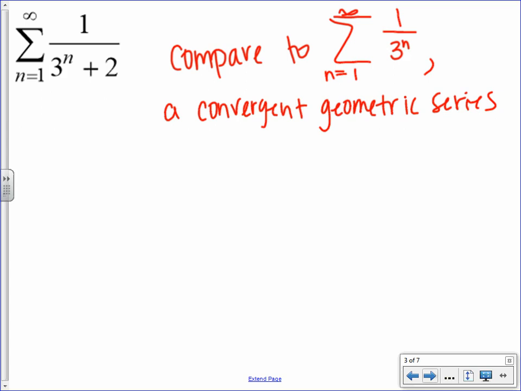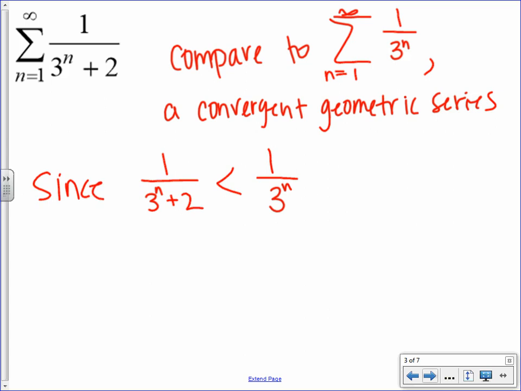Okay, let's look at each sequence. We have 1 over 3 to the n plus 2. How does it compare to 1 over 3 to the n? It is always less than. And since we have the sum of this sequence converging, this sequence is smaller, that sum should also converge.